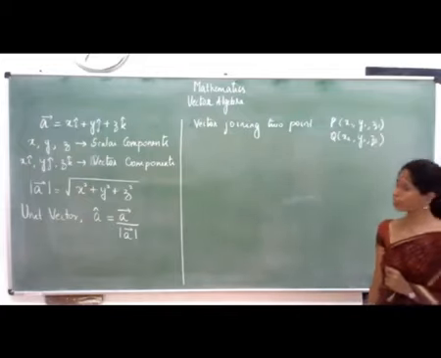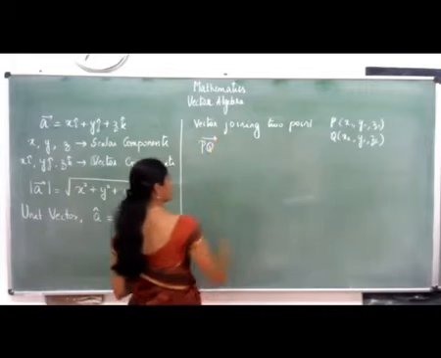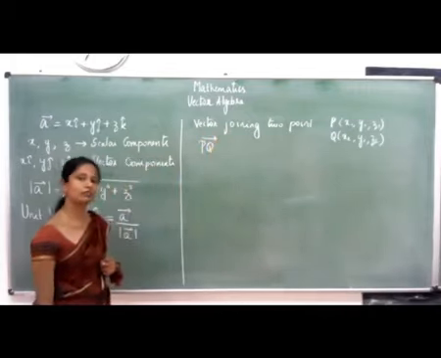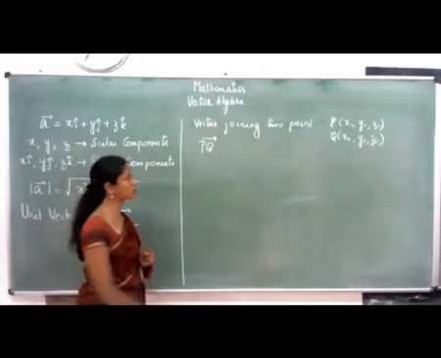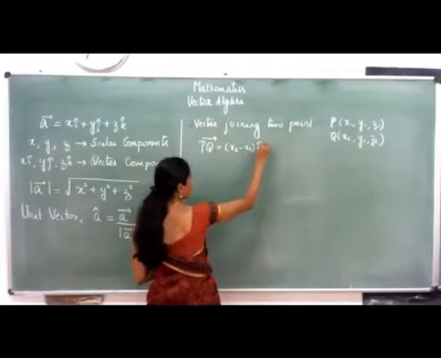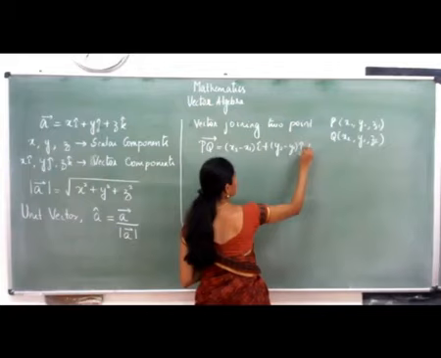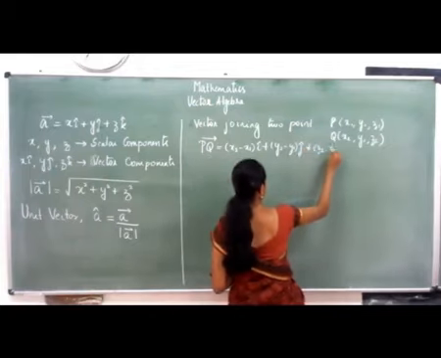Then the vector joining the two points is PQ, and vector PQ is given by x2 minus x1 into i cap plus y2 minus y1 into j cap plus z2 minus z1 k cap.